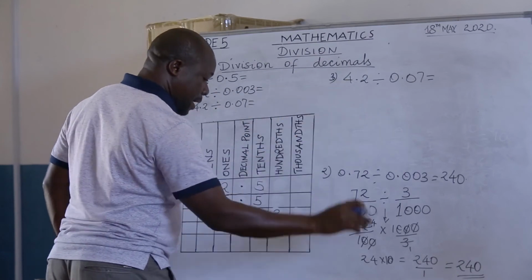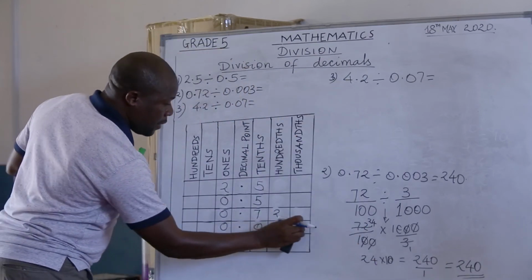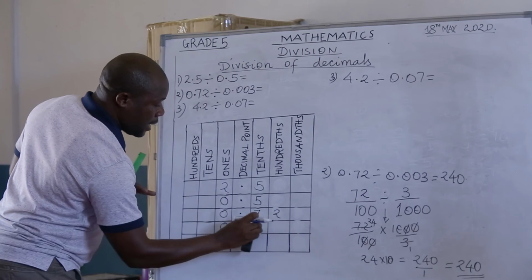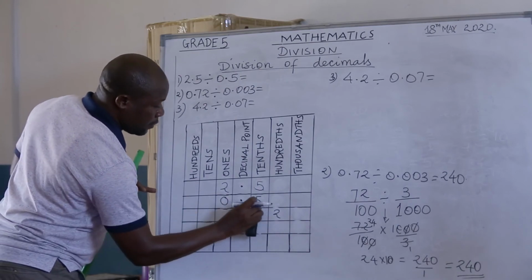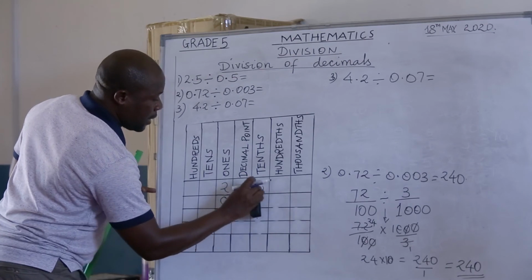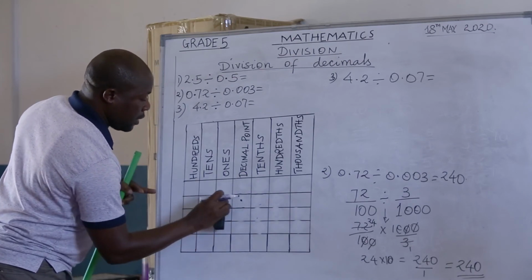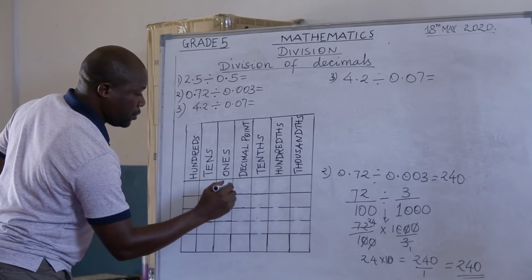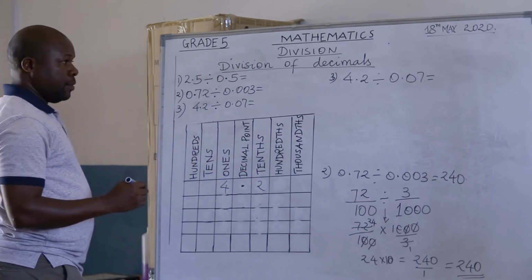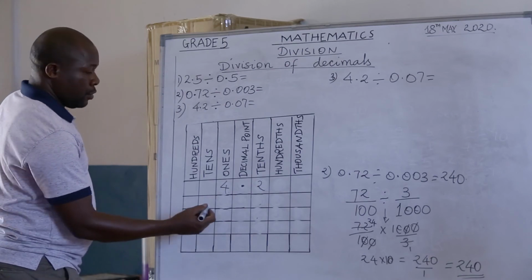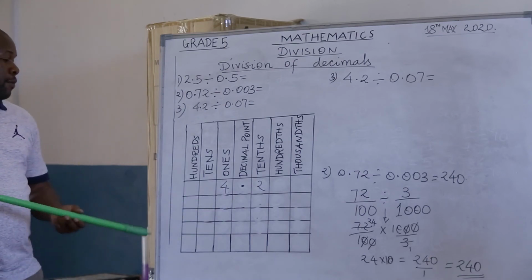Let's take the numbers and insert them in the place value chart accordingly. Now we have the number 4.2, which will be inserted like that. So let us read it together.